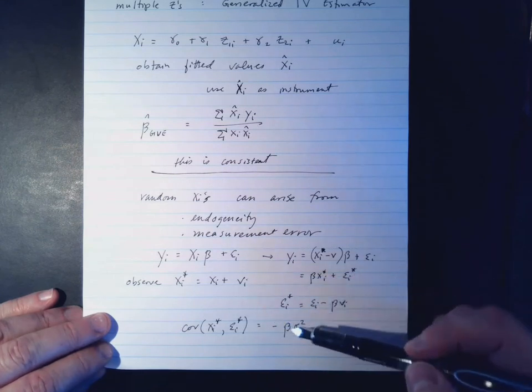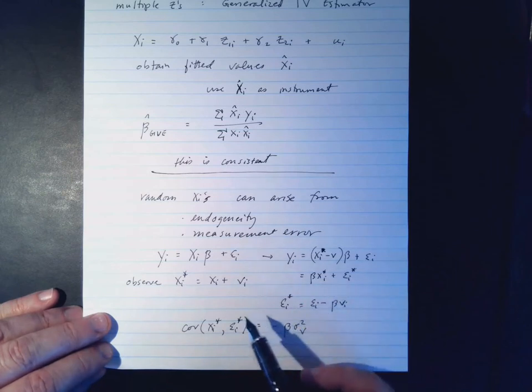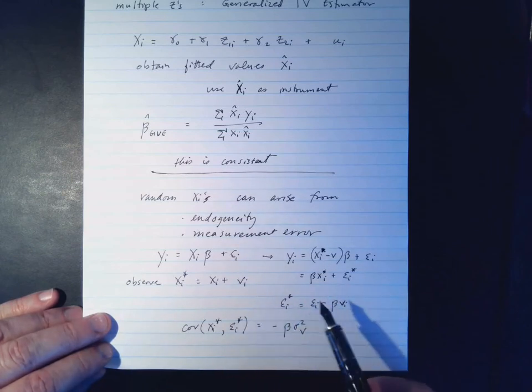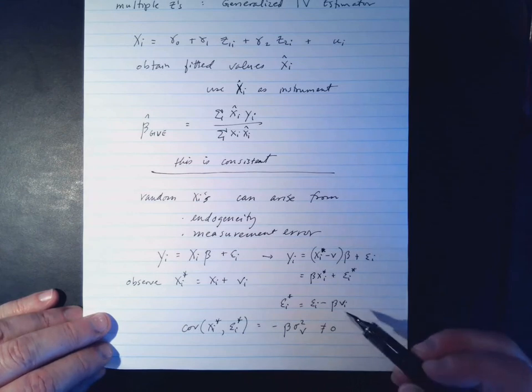I'm not going to go through the steps. It's just a matter of taking the expected value of this times this. But the main point is that that's not zero.